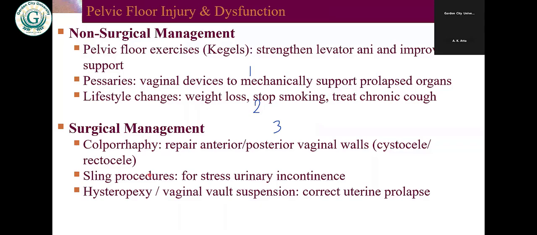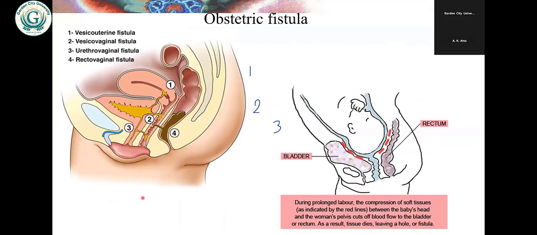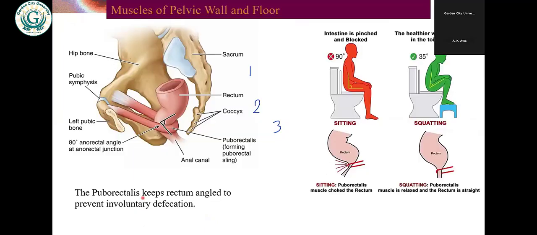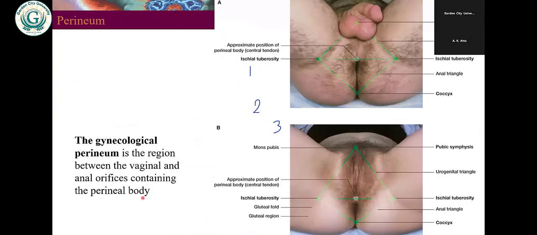Surgically they can repair all those, so hysteropexy, everything can be corrected. It's not only the uterus that falls into the vagina; you can also have the bladder. Once there's a prolapse, what we are saying is that it can be surgically corrected.